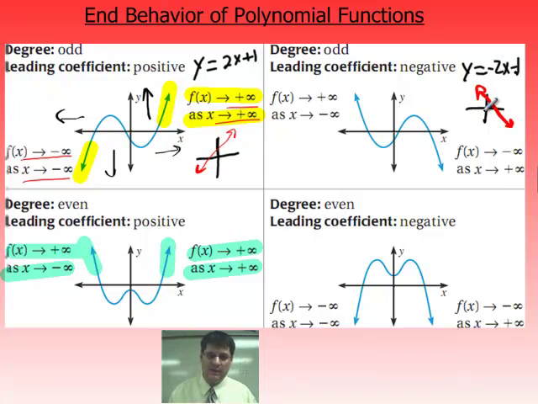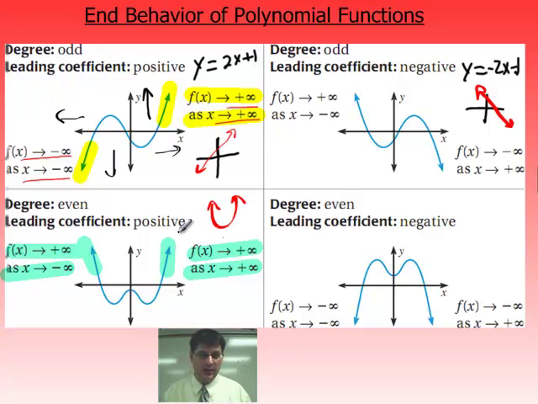And as f of x approaches positive infinity, it's heading up on the y as it goes further to the left. So think of it that way. And in this one, the simplest even degree polynomial is going to be a quadratic. A parabola that has a positive leading coefficient is going to open up.